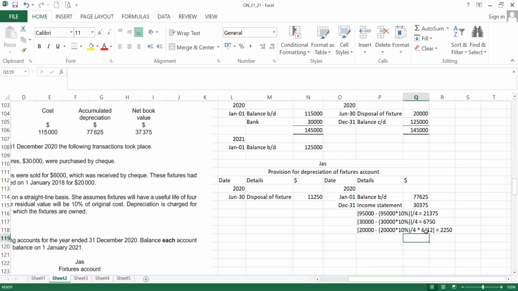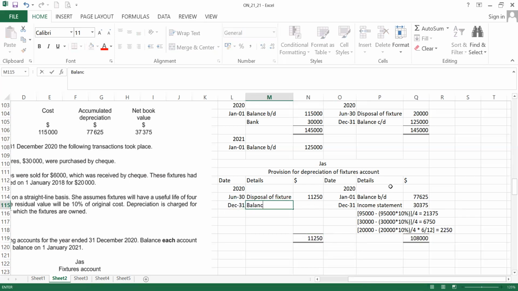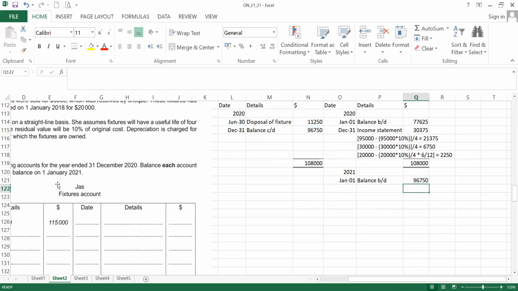Now we add the total amount. Here, December 31st, balance carried down. So take this minus this amount. So this is the total balance carried down, 2021, January 1st. Remember to read the instruction in the question, what they want us to do.